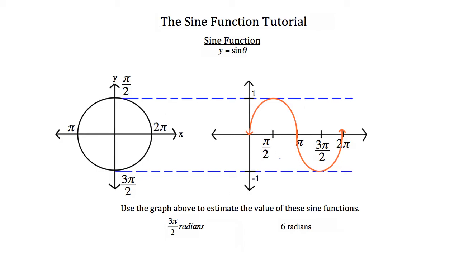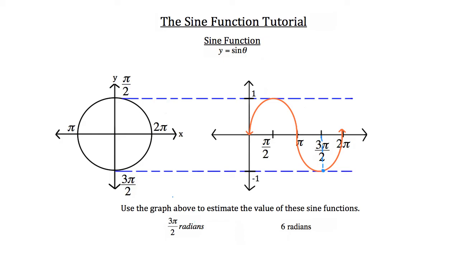Now remember, we just go over to our sine function here to the location of 3 pi over 2 radians on that graph, and we're going to go until we find where that x value matches up with our sine curve. And we take that y coordinate there of where that sine curve is, and that's our value of the sine function at 3 pi over 2 radians.